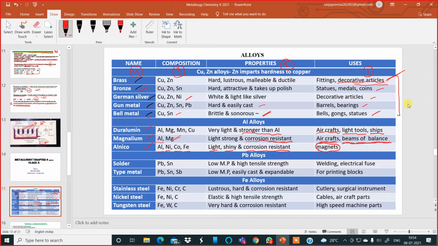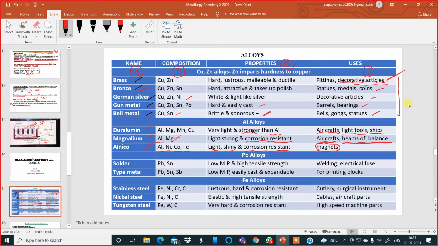Corrosion resistant means it does not rust. It does not corrode. Only iron rusts. All the other metals corrode. They undergo decomposition. They break down into small particles because of chemical activity on their surface. That is called corrosion.